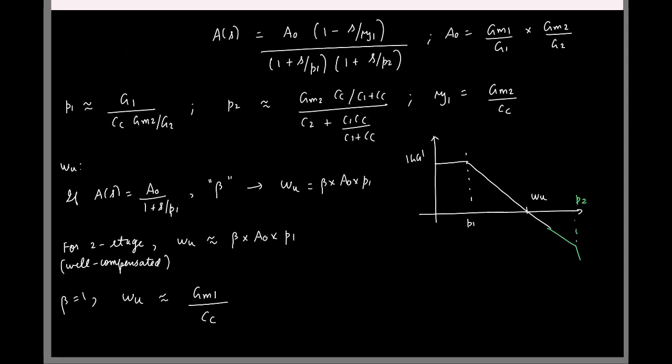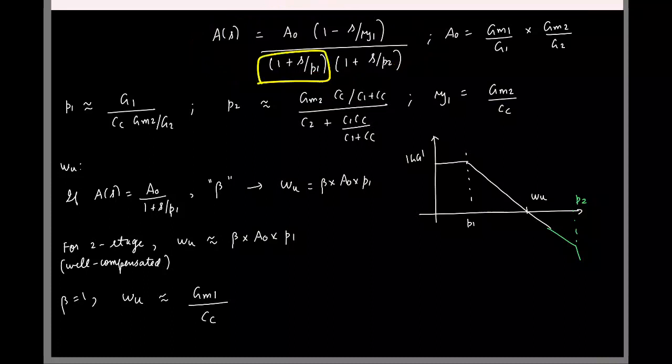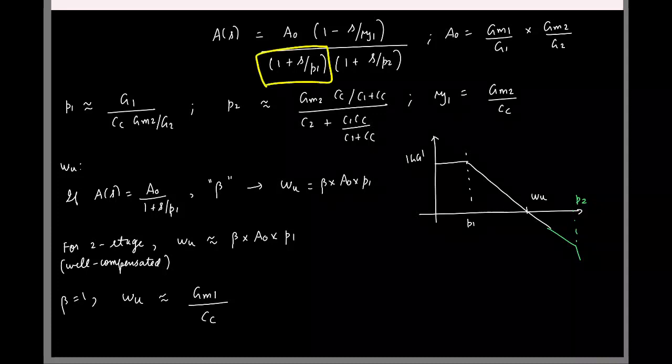This is the transfer function. What is the phase contributed by the first pole? At omega u, minus 90. Is that okay? Let's say for any random frequency, what is the phase contribution by this pole?